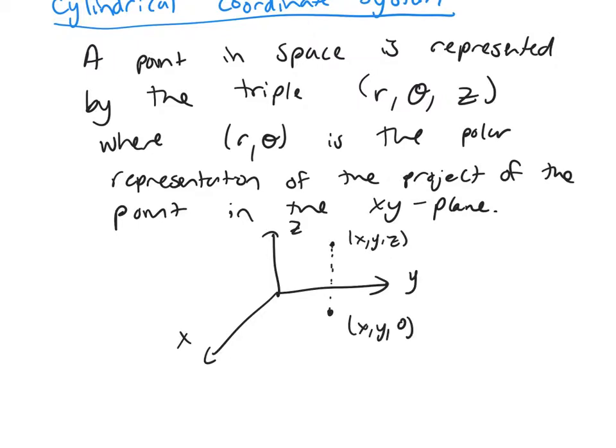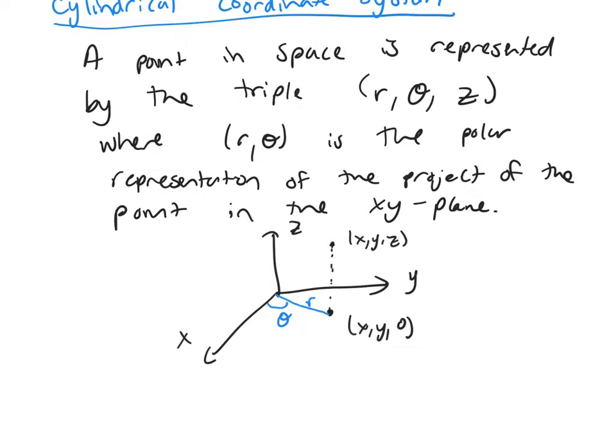And then because I'm in the xy plane, I can talk about r and theta. So r would be the distance from the origin to this projection. So that distance right there, this would be r, and this angle here would be theta. And the z-coordinate is just the same z-coordinate that it had before.